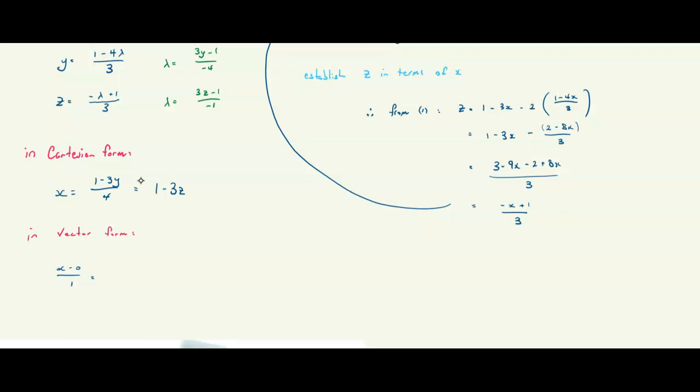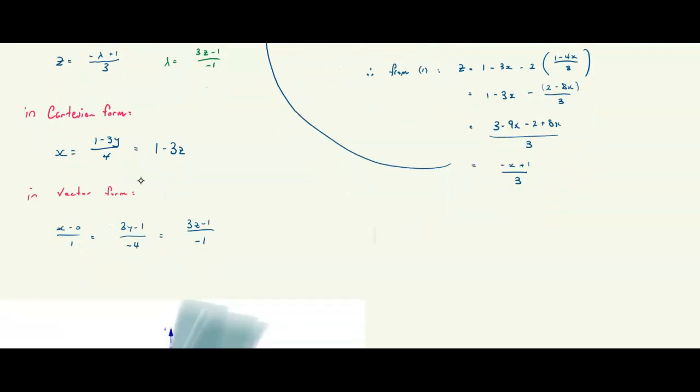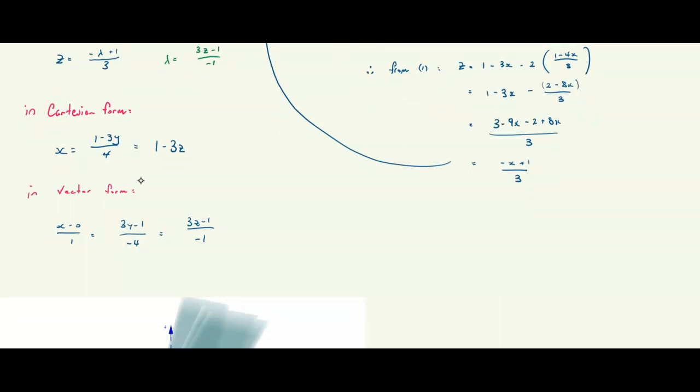I need to change this around. So let's do it in 2 stages. It'd be 3y minus 1 over negative 4. And this one here would be 3z minus 1 over negative 1. And then I'd have to have another go at it.